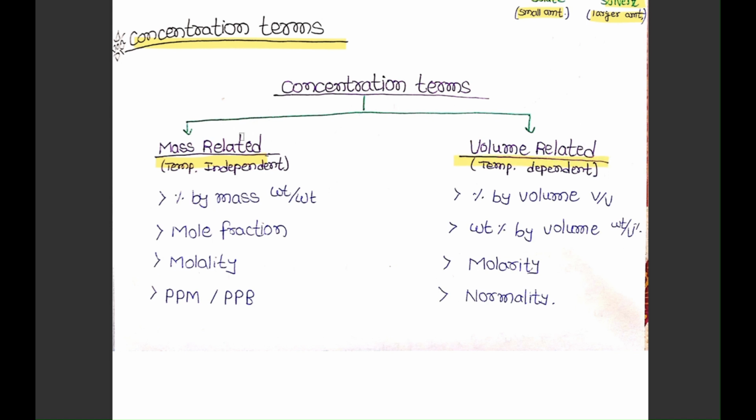So the temperature independent concentration terms are percentage by mass, weight by weight, mole fraction, molality, parts per million or parts per billion. And the volume related or temperature dependent concentration terms are percentage by volume, volume upon volume, weight by volume, weight by volume percent, molarity and normality.